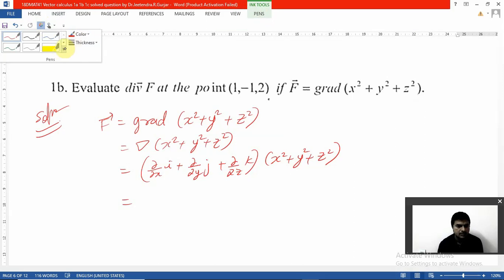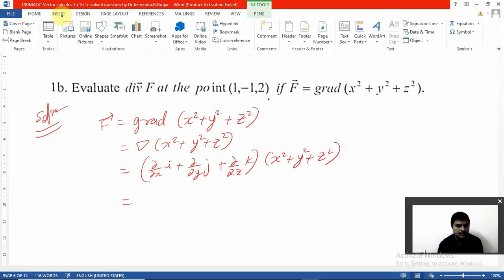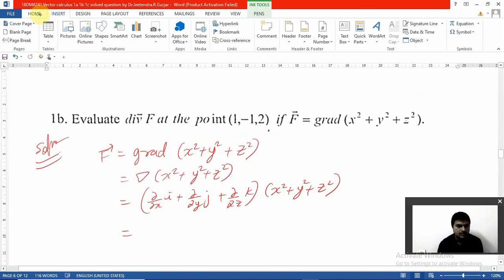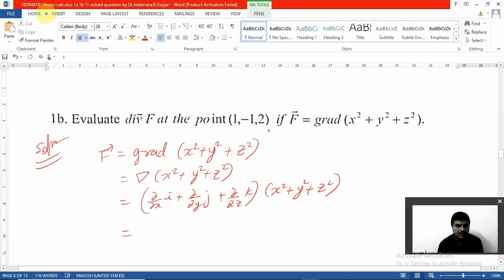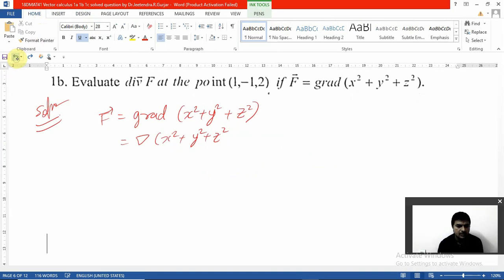Then substitute the value directly, you will get the answer students. So all the simplification you should remember this students. For examination point of view, we don't write all these things, so you should remember this part.